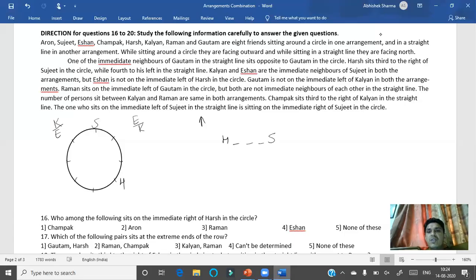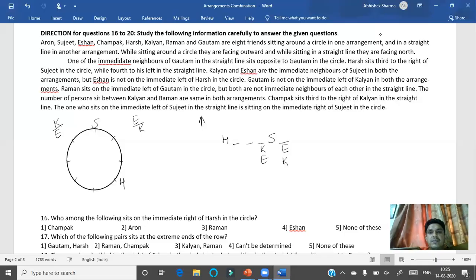Thereafter, Gautam is not an immediate neighbor of Kalyan in both the arrangements. So obviously, if Kalyan is here, Gautam will not be here. Or if Kalyan is here, Gautam will not be here. So we can check. And before this, Kalyan and Ishan are immediate neighbors of each other in both the arrangements. That means Kalyan here and Ishan here, or Ishan here and Kalyan here.